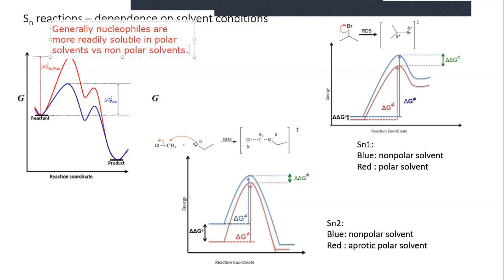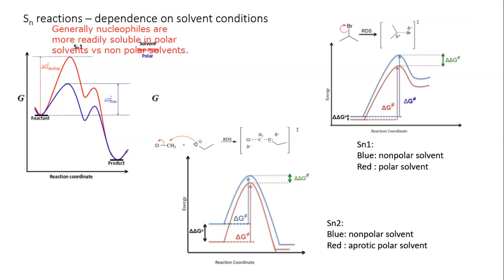Now we get into types of polar solvents. There are two types of polar solvents: protic polar solvents and aprotic polar solvents. Aprotic do not hydrogen bond.